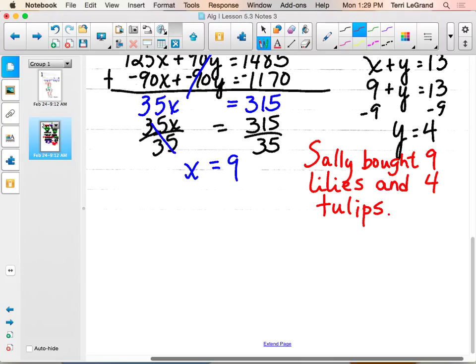Now, if we had let x represent the number of tulips and y represent the number of lilies, would that have changed this answer? Would she have bought 9 tulips and 4 lilies? No. It's gotta be 9 lilies and 4 tulips. What would have happened though, if we'd switched x and y's roles around? Then when we were solving, we would have gotten x equals 4 and y equals 9.